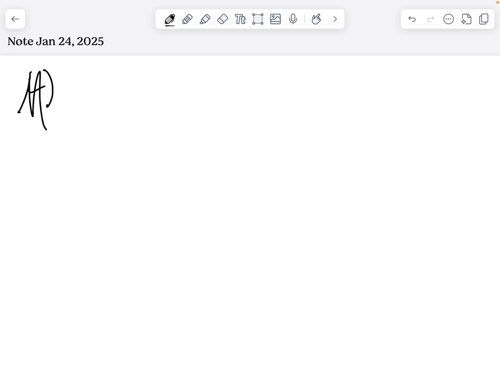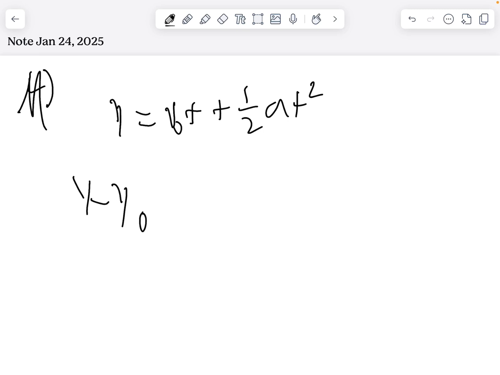So the question's asking you how much time elapses from when the football leaves your hand until it is 4 meters above your hand. So this one we're going to use the kinematic equation, y equals initial velocity times time plus 1/2 of the acceleration of gravity times time squared. So we know what we're looking for. So y minus y0 equals 4.00 meters.